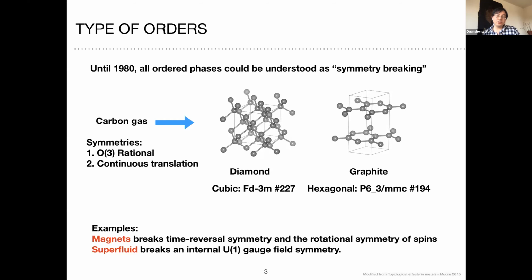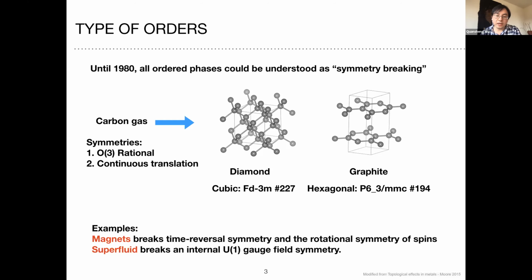Then let's try to cool down the system. If we cool down the system, then the O3 symmetry or the continuous symmetry will break until it forms our crystal structure.